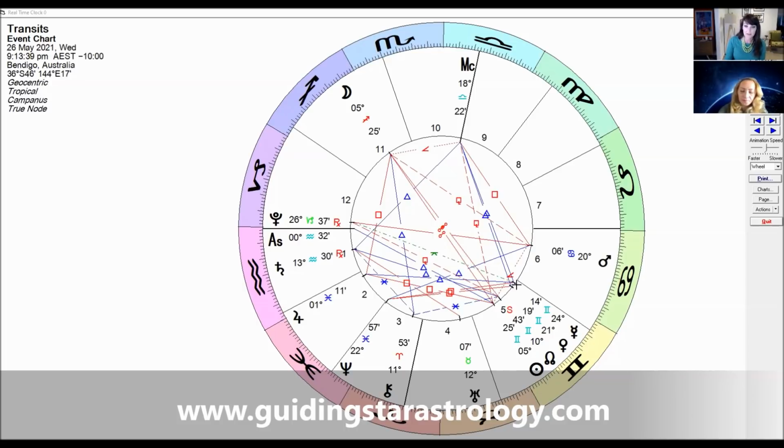Yeah, of course. Also, this eclipse is making a square to Jupiter. So we've got a T-square forming between the moon and the sun and Jupiter. And in evolutionary astrology, this is a skip step. Now, this is not a natal chart skip step. It's a transiting chart skip step.